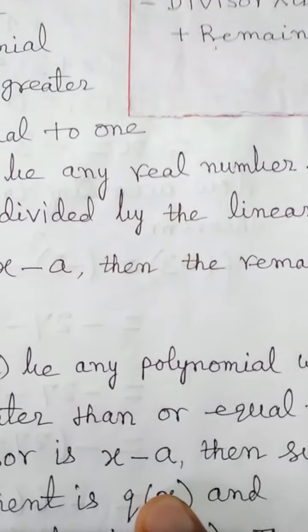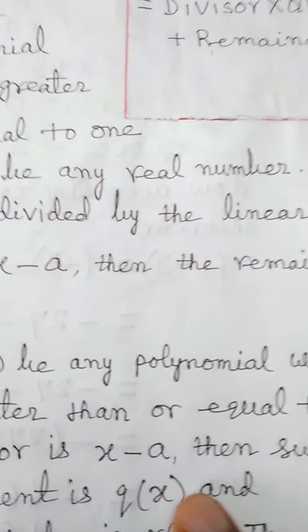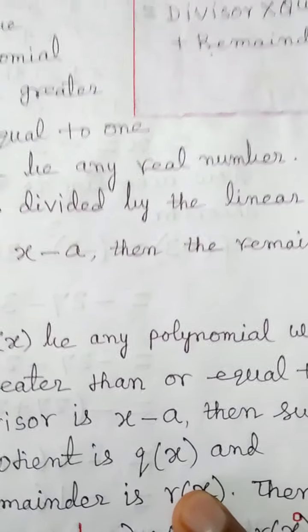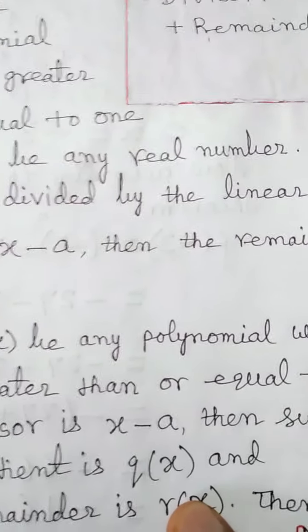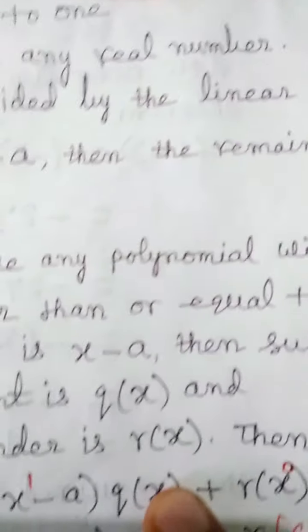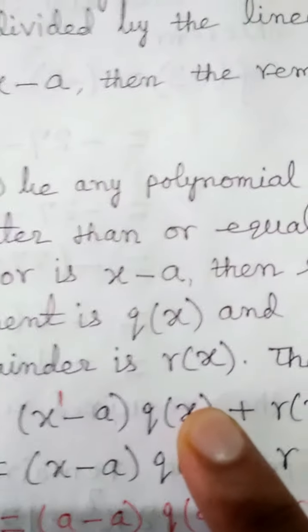Then we have to find the remainder. Suppose the quotient is q(x), which will also be a polynomial, and the remainder is r(x).